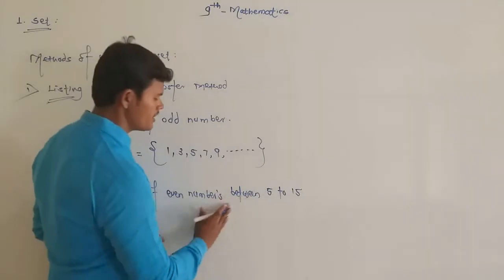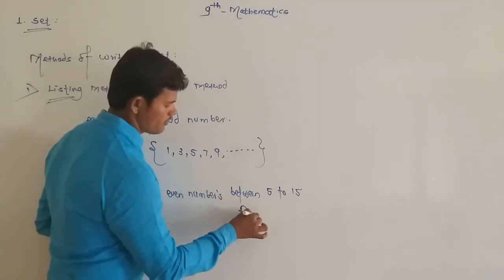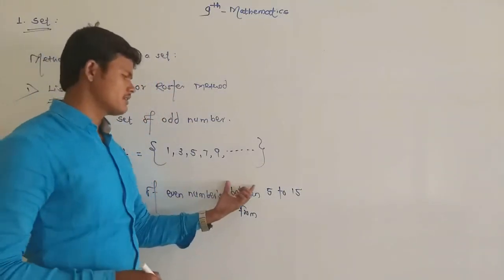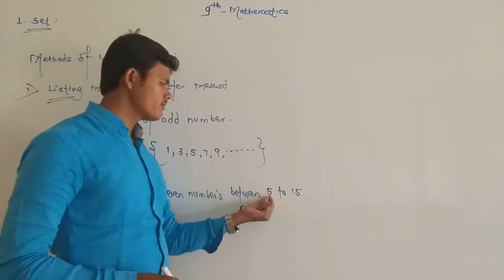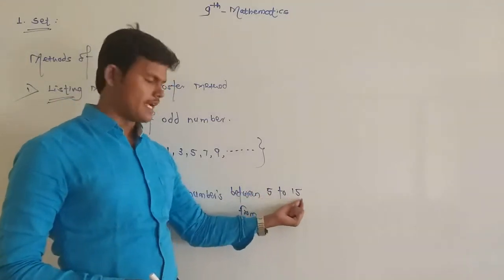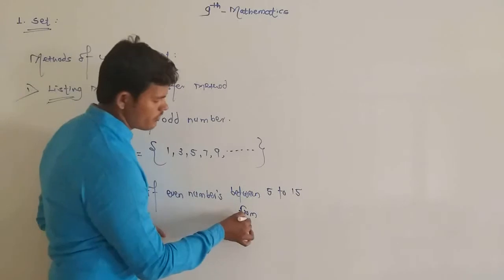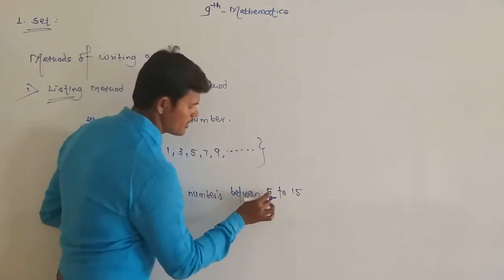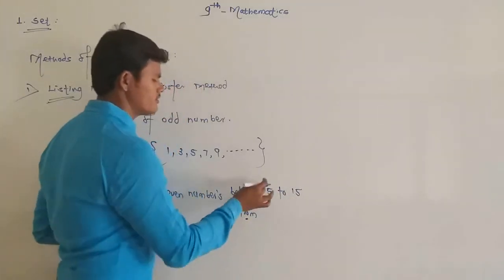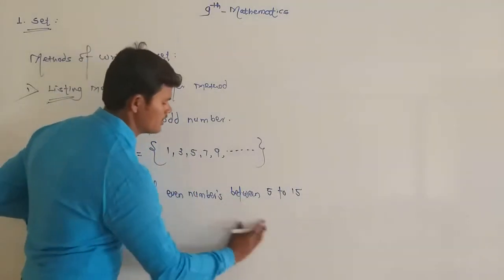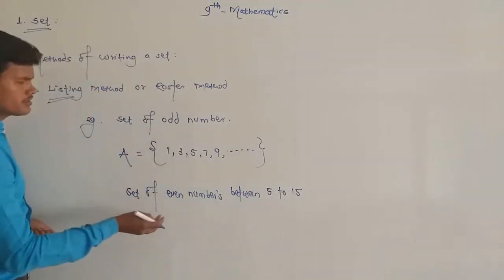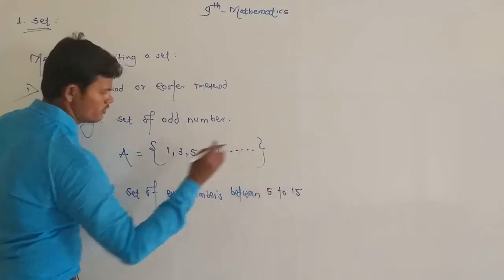There are two different meanings. If between is given, that means we are not considering the first and the last element. And if from is given, then we are considering 5 and 15, that is the first and last elements. Okay. So we have to write even numbers between 5 to 15.